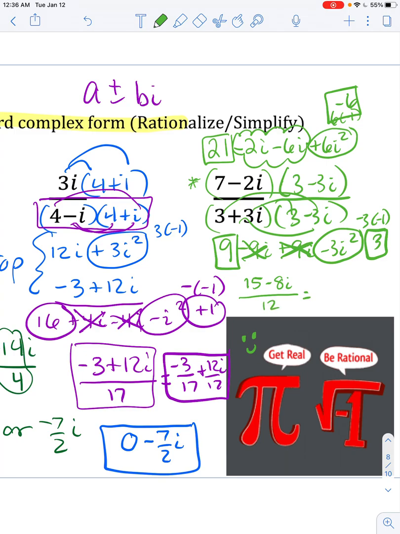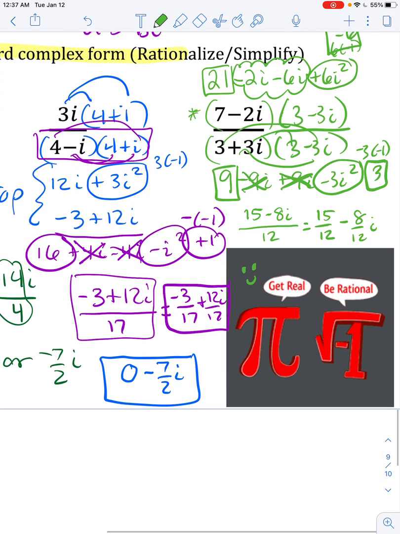So I'm going to split it up. 15 over 12 minus 8 over 12i. But I'm in honors math, so I'm going to go ahead and simplify each piece. 15 over 12 reduces to 5/4. Sorry, 8 over 12 is going to reduce to 2/3 i.